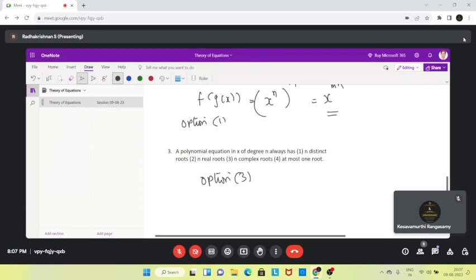Alpha, beta, gamma are the roots of x cube plus p x square plus q x plus r.